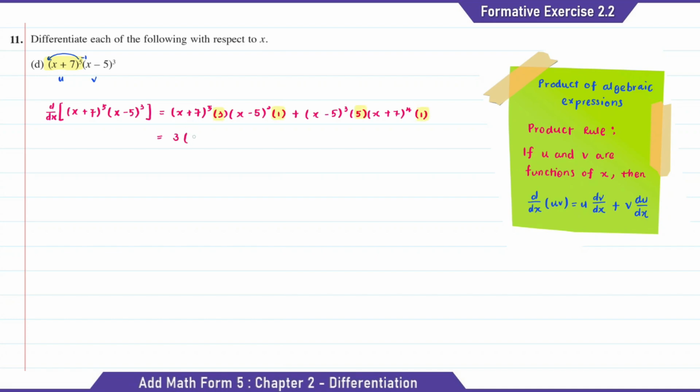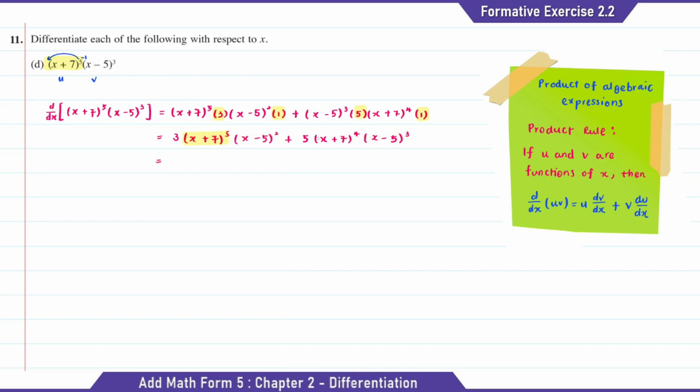Next, we're going to get 3 brackets x plus 7 to the power of 5 times x minus 5 to the power of 2 plus 5 x plus 7 to the power of 4 times x minus 5 to the power of 3. Next, we're going to find the common factor of these two terms.